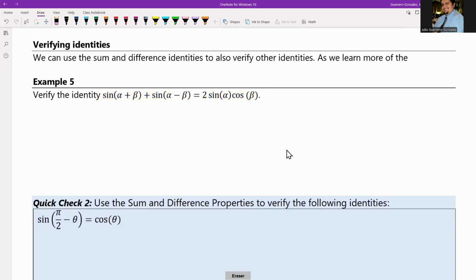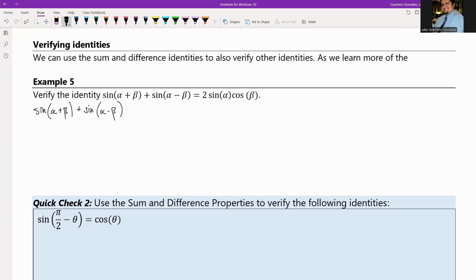For this one, I'm going to start with the left-hand side and turn it into the right-hand side. Remember how I said I want to mess with the messiest side, the one that gives me the most room to play. So I'm going to grab this: sine of alpha plus beta plus sine of alpha minus beta.